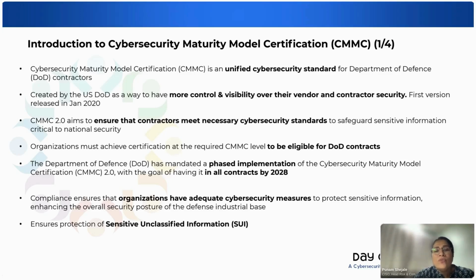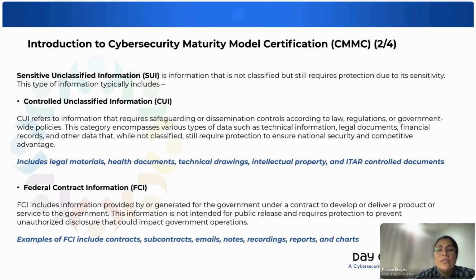So moving on, let me explain what is the sensitive unclassified information which DoD wants to protect. This sensitive unclassified information can be of two types, CUI and FCI, another two acronyms. CUI stands for Controlled Unclassified Information and FCI is Federal Contract Information.